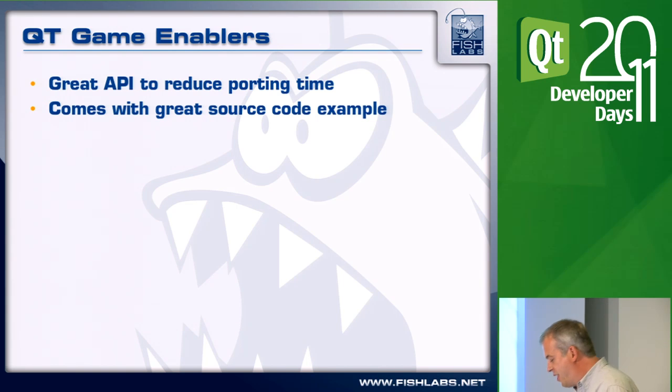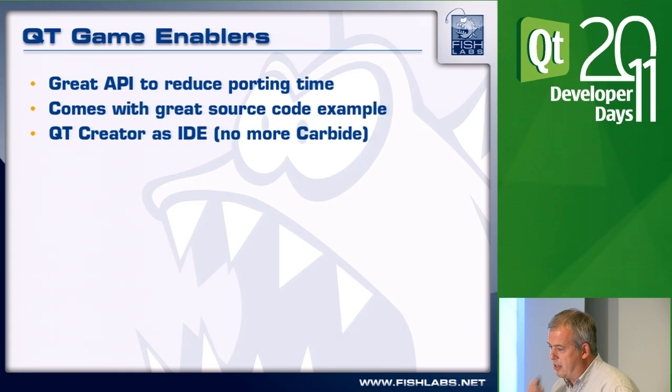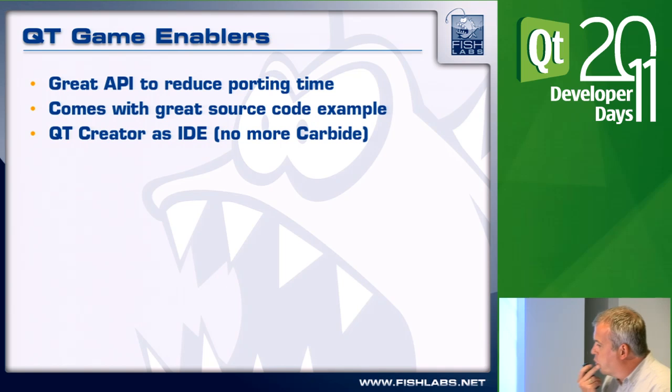And for us, before this, we had Symbian, of course, also in our pipeline, but we had to use Carbide. I don't know whether you guys know about Carbide. It's an IDE, formerly the main IDE for Symbian development, and it was very outdated.